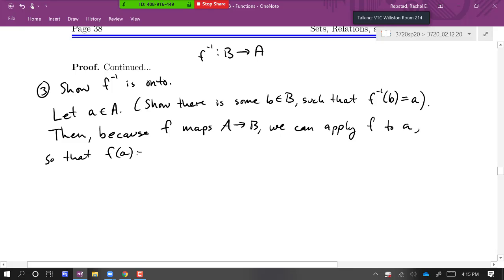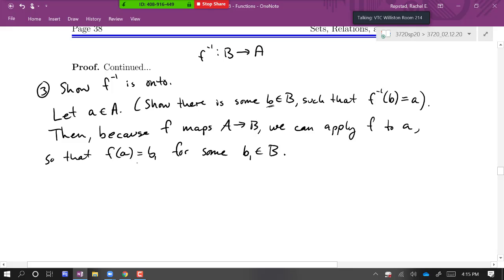F of A is equal to, I'll just call it little b, for some element B in the set B. In fact, maybe I'll call it B1 just to be more particular. I don't want to use the same B that I talked about up here, but I know that F of A gets mapped to some element in B, that we're calling B1.